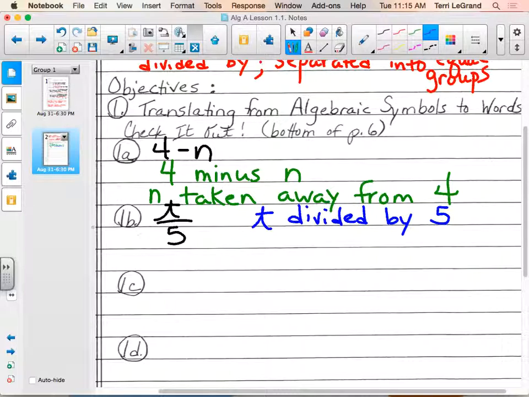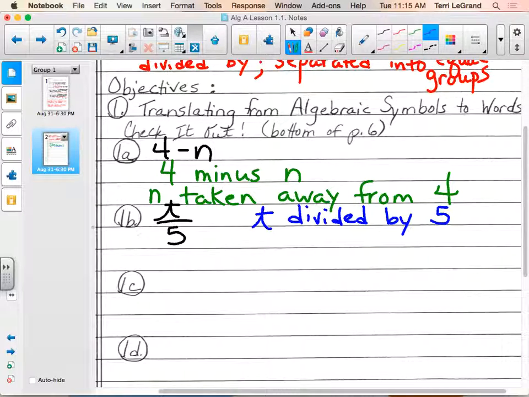What if we said it the other way? T separated into 5 groups. And 2 now would be separated into 5 groups. Would there be 1/2 in each of those groups? 2 of something is separated into 5 groups. Would there be a half of something in each of them? Or 2.5, I mean?